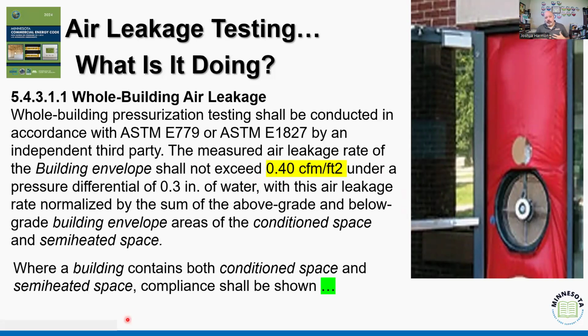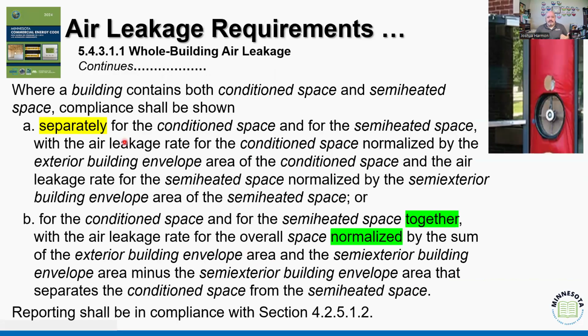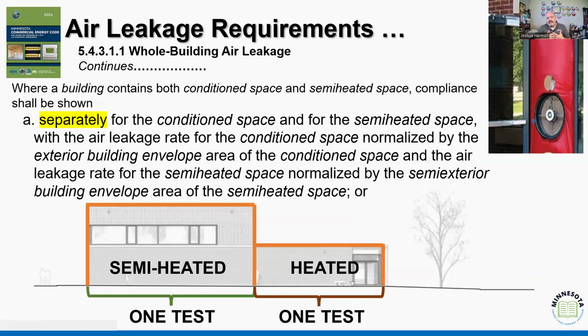When we have a building that incorporates both conditioned and semi-heated spaces, we are given the option to either test them separately or test them together as a single unit. So again, whether we're testing the heated unit versus the semi-heated space, that's different than if this was unconditioned space, then we wouldn't be testing the unconditioned space because we don't care if it's unconditioned, right?